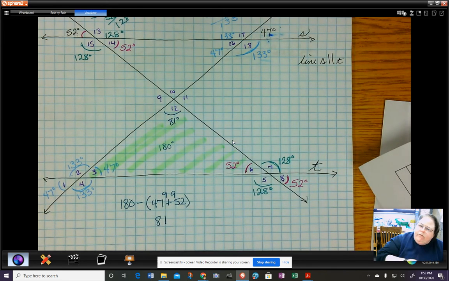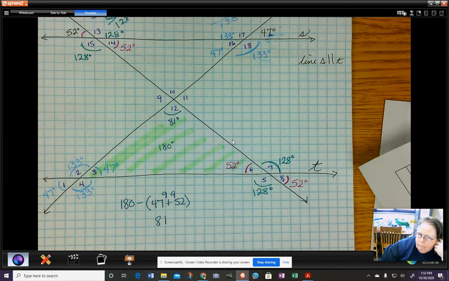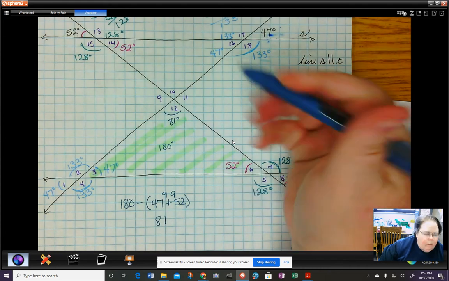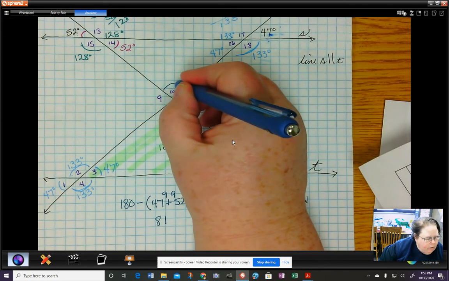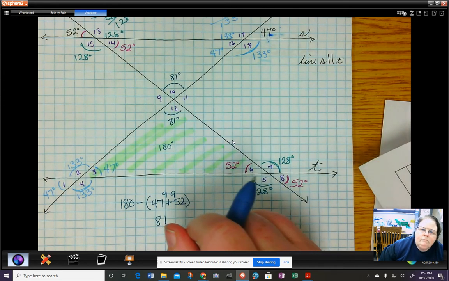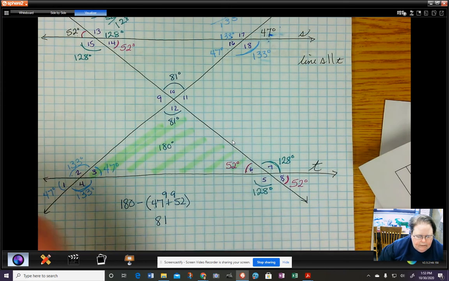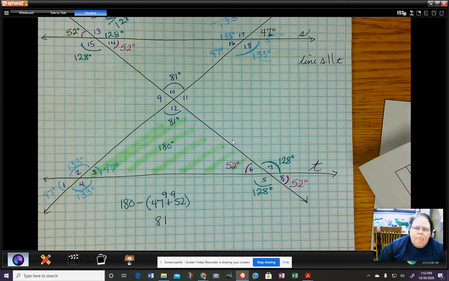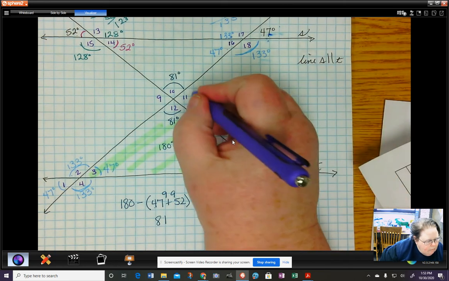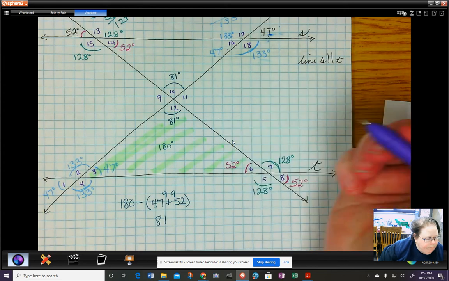Now can I find the rest of those angles? What do I know about 12 and 10? 12 and 10 are vertical angles, so they are congruent. So this one would be 81 degrees. What about 9 and 11? 9 and 11 are supplementary to the 81. What does that mean?